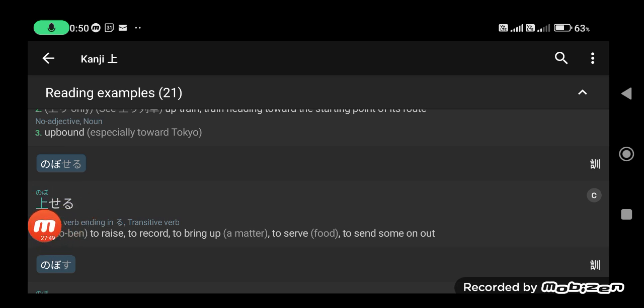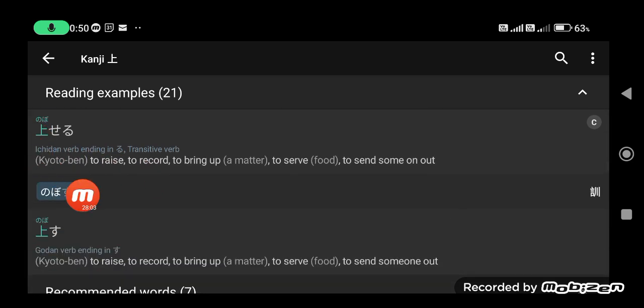Noboseru. So the separation point is after the bo, and the okurigana is seru. Noboseru, an ichidan verb, that is a transitive verb. Kyoto ben, meaning it is a local dialect used in the Kyoto prefecture in Japan.